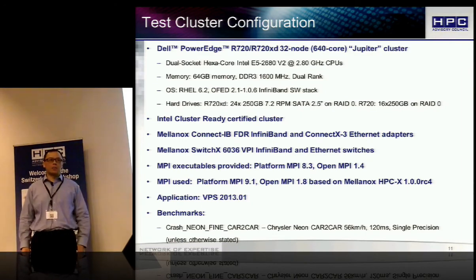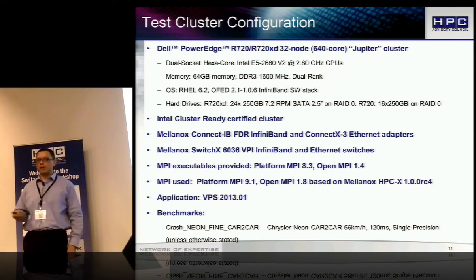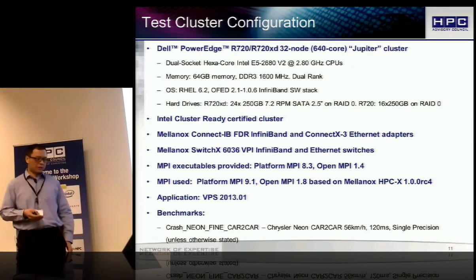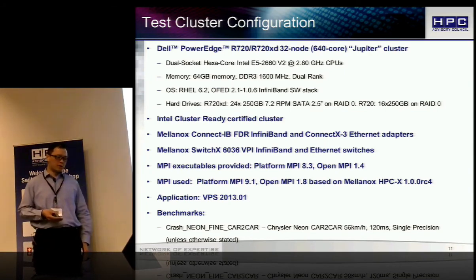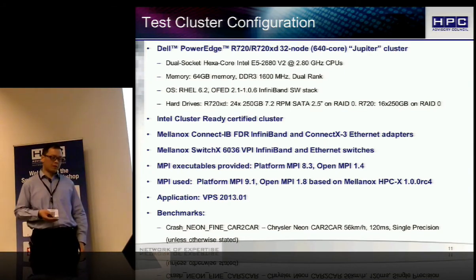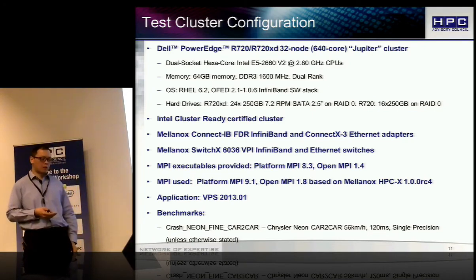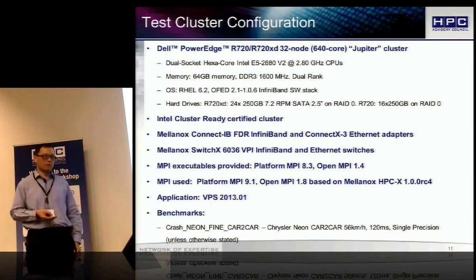However, the Open MPI that I actually use is a little different from the ones given here, and I'm going to show you a little later why, in order to get better performance. It's also a way for me to run with the Mellanox HPC-X library, which has some tuning parameters for increasing the performance of this workload.